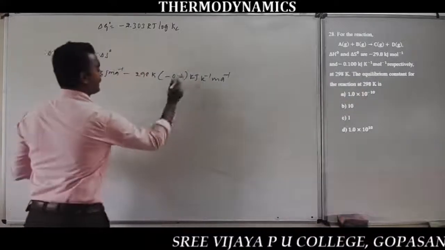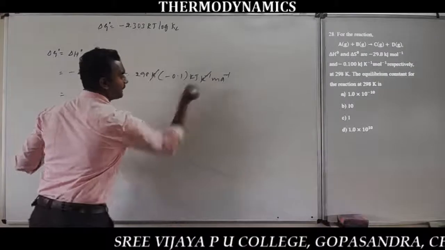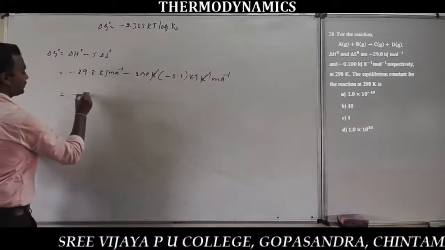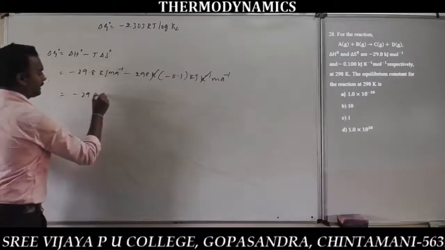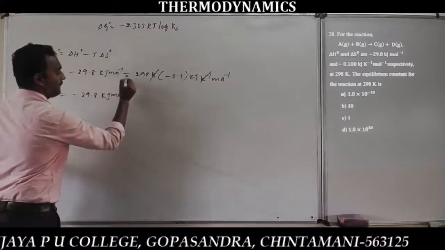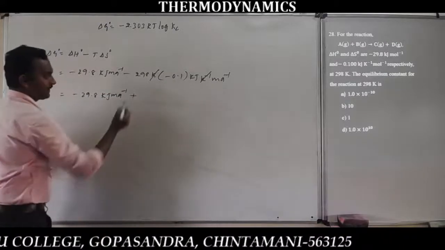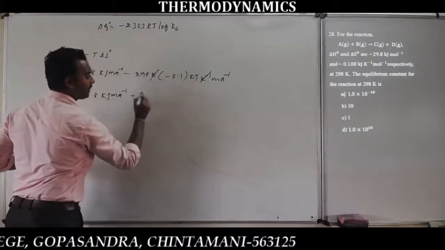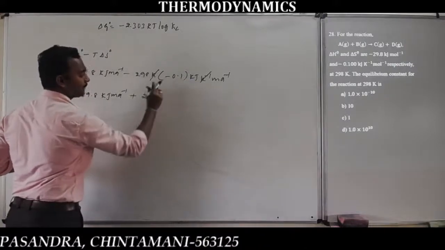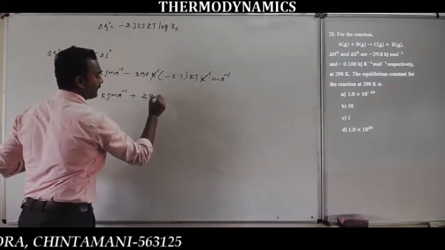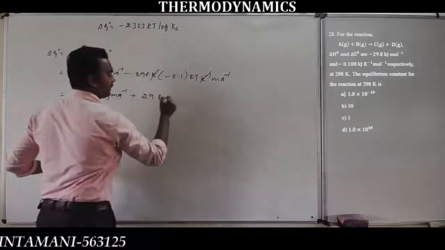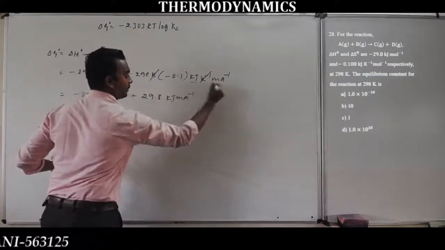So here, Kelvin and per Kelvin cancel. So minus 29.8 kilojoule per mole, minus into minus is plus, 298 into 0.1 is 29.8. What remains is kilojoule per mole.